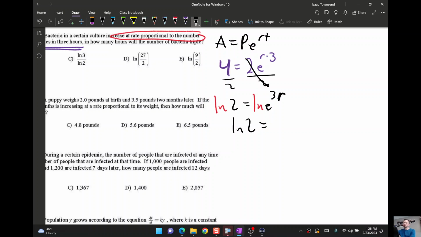Why is that good news over here? Because natural log of e is just 1. Okay, but what happens to this? It comes down. The special thing about logarithms is if you have an exponent on something you're taking the log of, that exponent can come down out front. Natural log of e we know is 1. So r is really this.